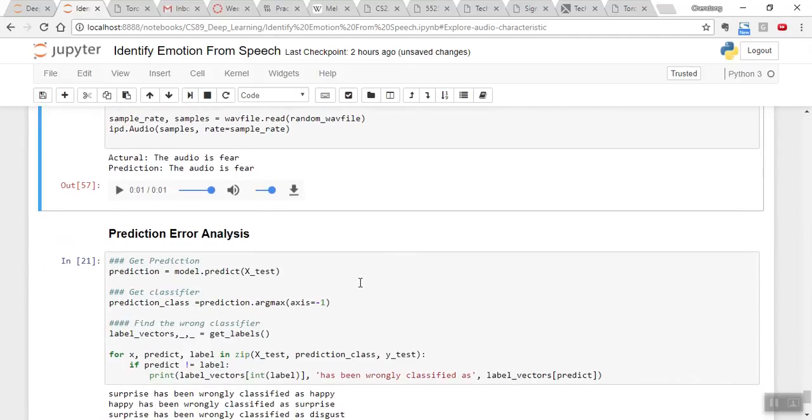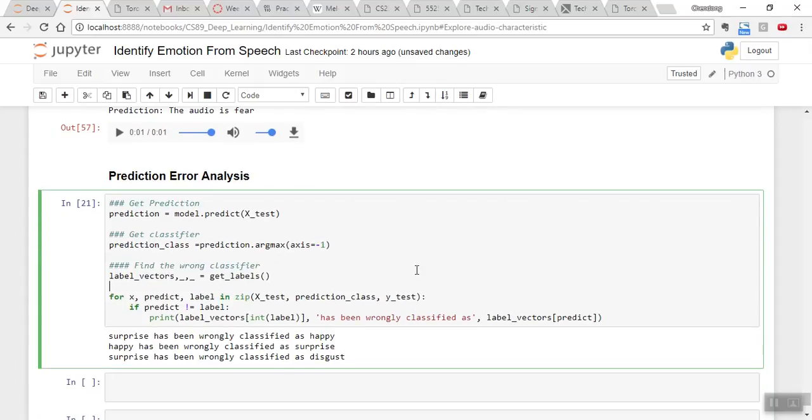The last thing I did is the prediction error analysis. Because the accuracy is almost 100%, with a maximum of 99.8 percent, there are only about 2 to 3 labels that were misclassified.